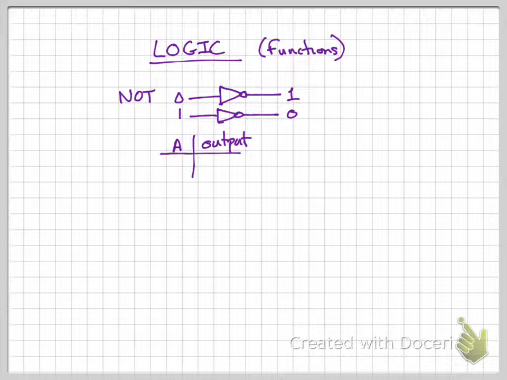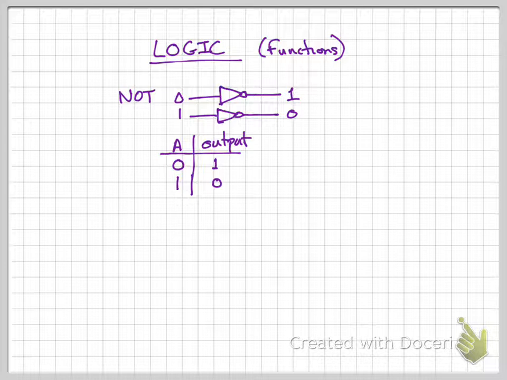It's a table that shows what we put on the inputs, and we call it A because we'll start having more than one input, so it's going to be A and B. There's going to be multiple inputs, but there's only one output to a gate. So for the NOT gate, if it's got an input of 0, the output is 1, and if it's got an input of 1, the output is 0. So this is the truth table for a NOT gate. That's what a NOT gate does. That's pretty much the simplest logical function. It just turns a high into a low or a low into a high.